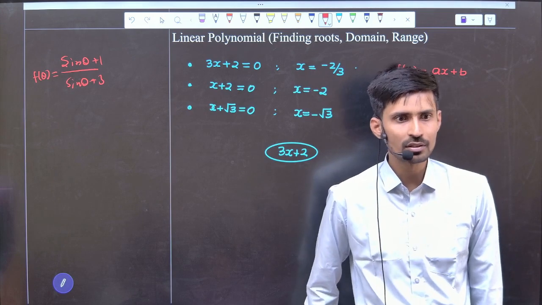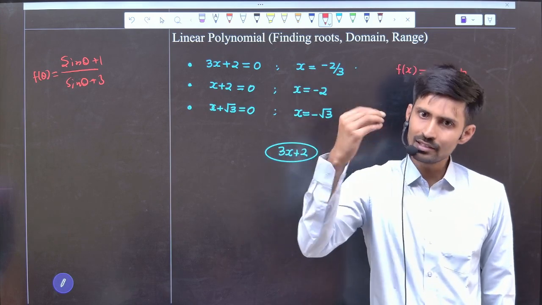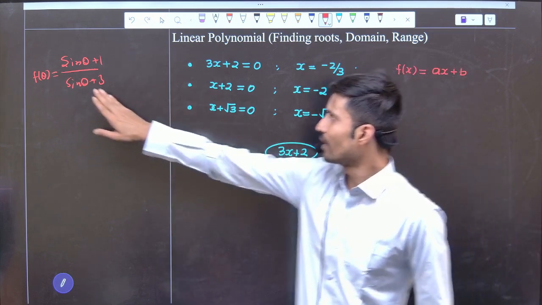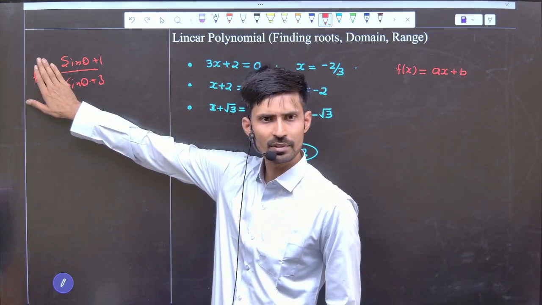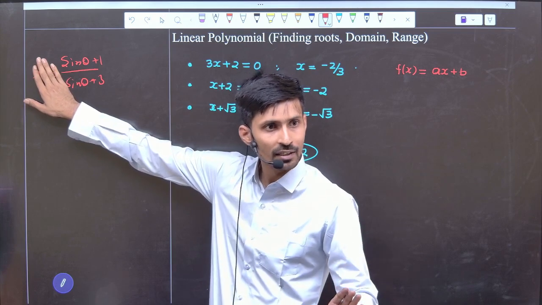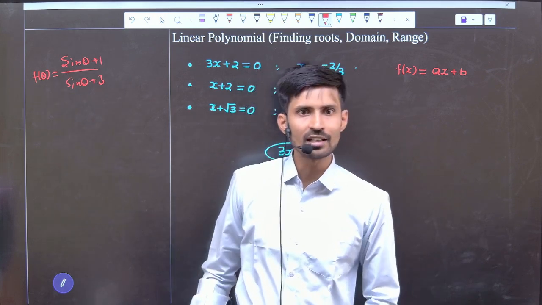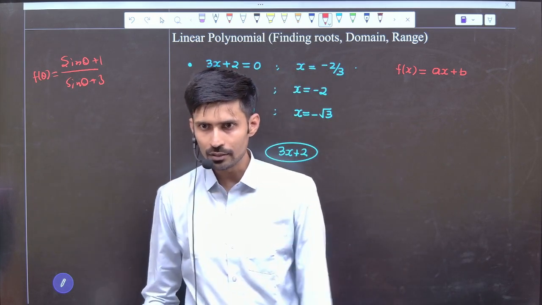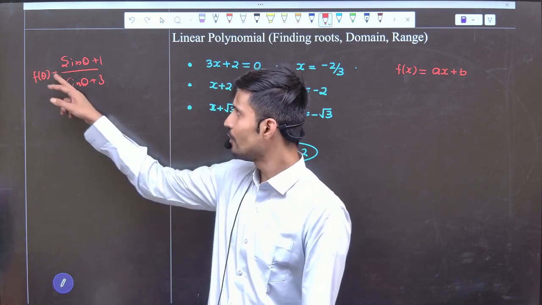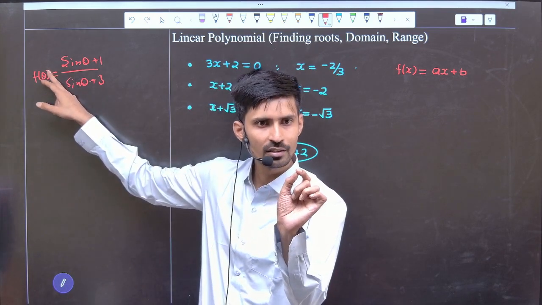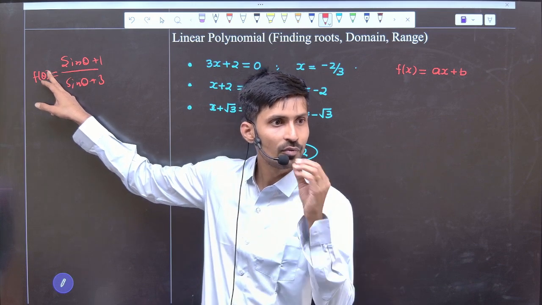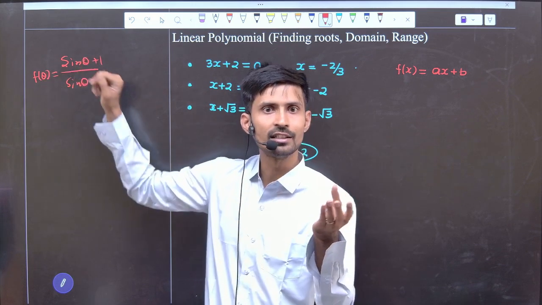Then we say find the range of f of theta. Saying find the range of sin theta plus 1 upon sin theta plus 3 is also a correct question, no problem in that. And if f of theta is equal to this, find the range of f of theta is also correct. We generally equate with a very small thing so that we do not need to say the big expression.